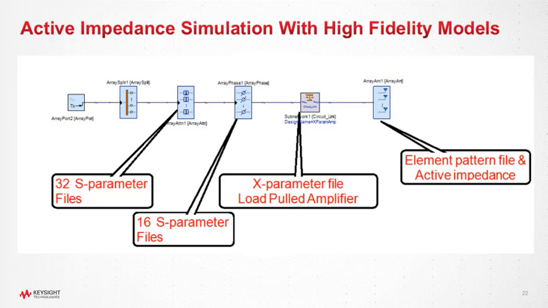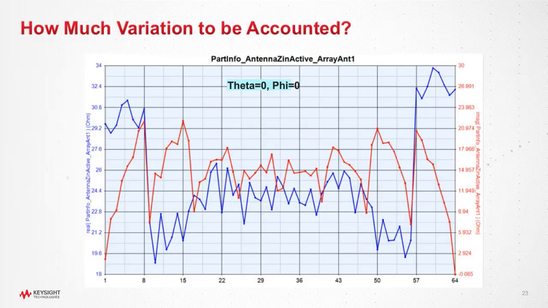Now, if we have this kind of accurate models for the parts, can the simulator exhibit the behavior of scanning impedance, that is, the changing impedance with scanning angle? Let us see. In this graph, we are looking at the real part and imaginary part of the impedance looking into each one of the antenna elements.